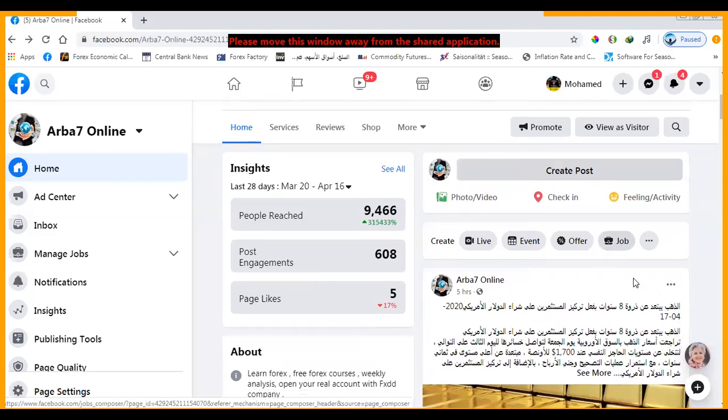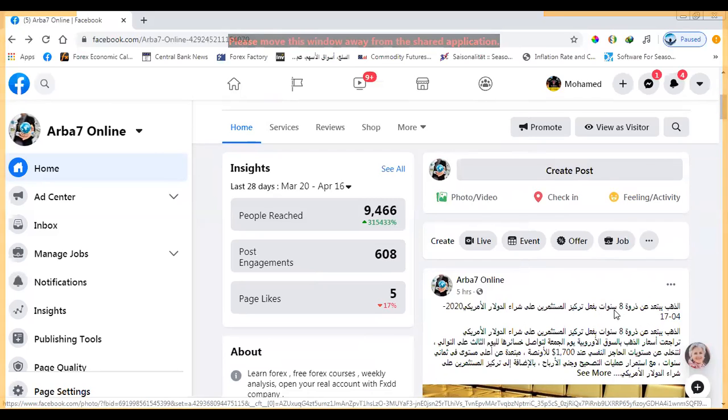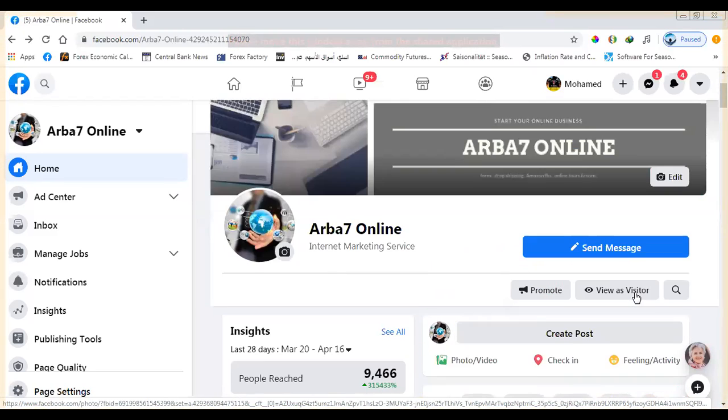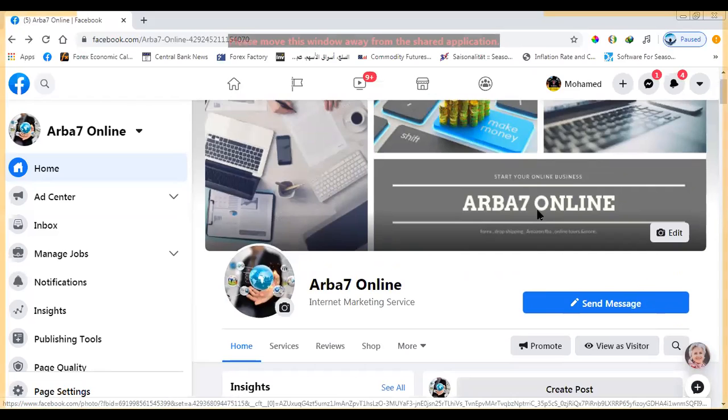For example, here I put the news for today, that the gold is going away from an 8-year high. This is not my news, this is news from FX. Also I expect that the gold will visit the levels of 1650. So this is my expectation for the gold.